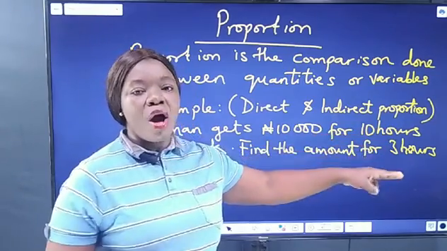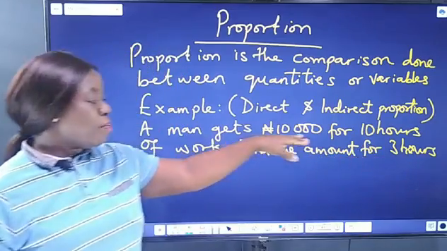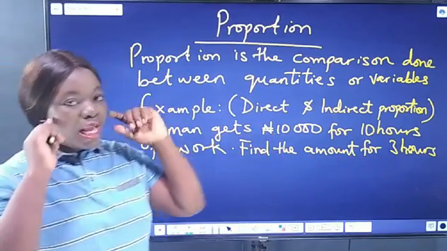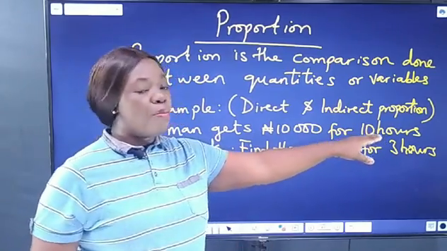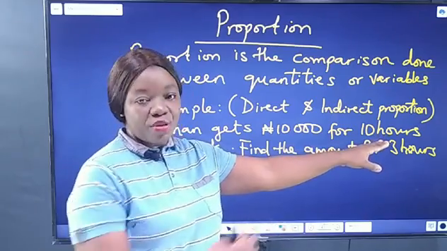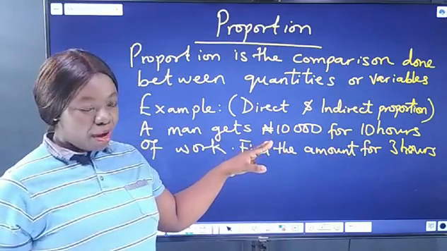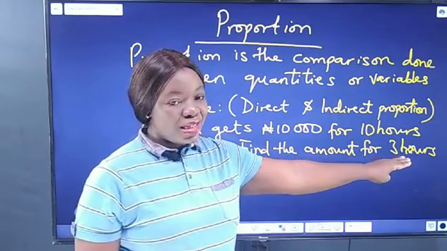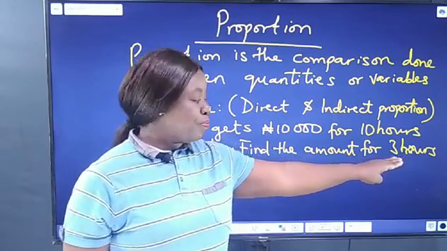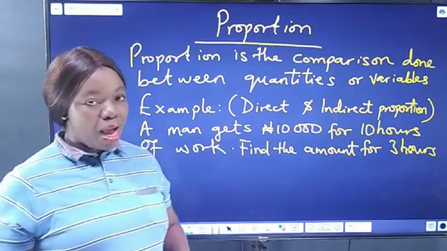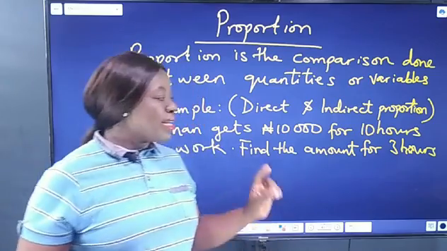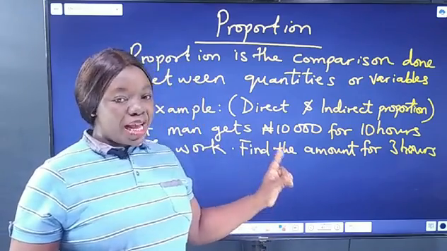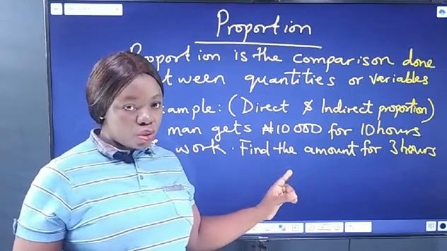Which means the more we work, the more we earn. I want you to listen. The more we work, or the more the number of hours, the number of time, the more we earn. The lesser the number of time, the less the amount. That is where you will identify the type of proportion that this question falls into.